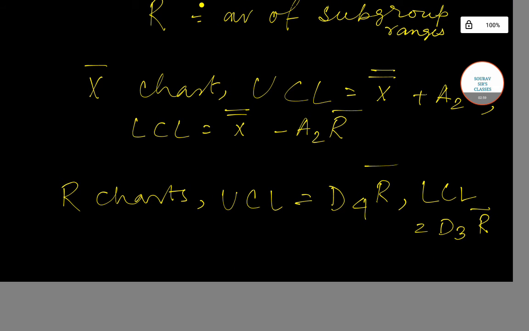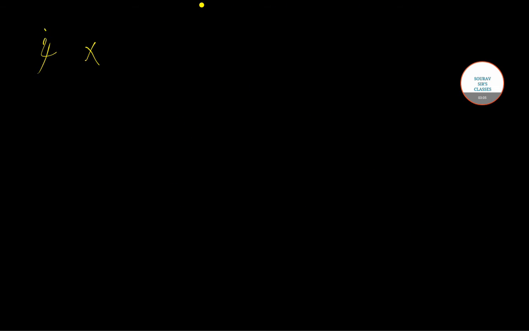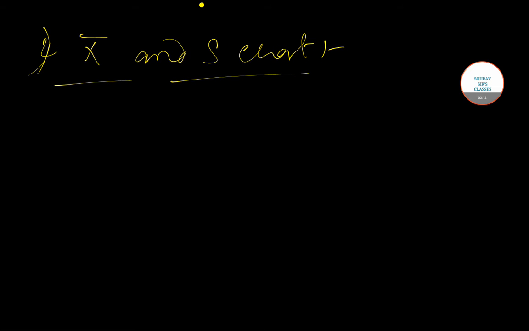Now the second chart I am going to talk about is X bar and S chart. X bar and S chart is nothing but something like X bar and R chart.